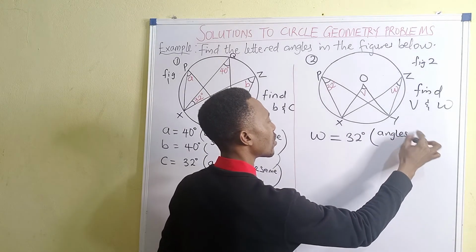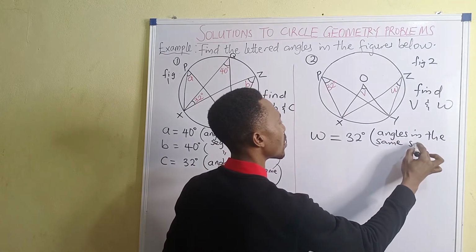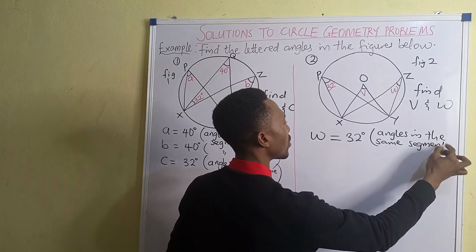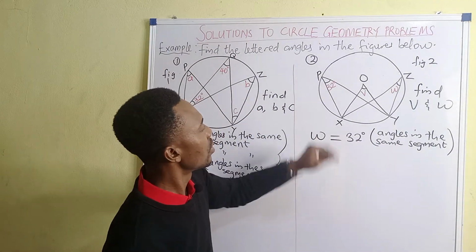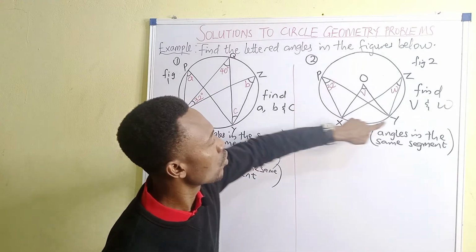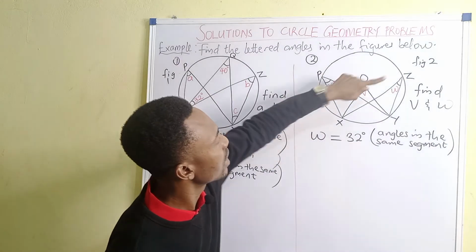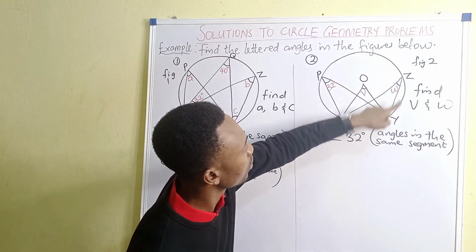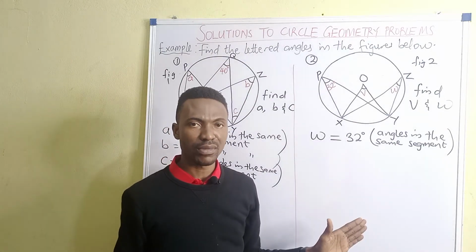Angles in the same segment. Why are they in the same segment? 32 is coming from the arc XY. See, coming from X and coming from Y. Also, Z is coming from X, coming from Y. And they both lie on the circumference. So they are said to be in the same segment.